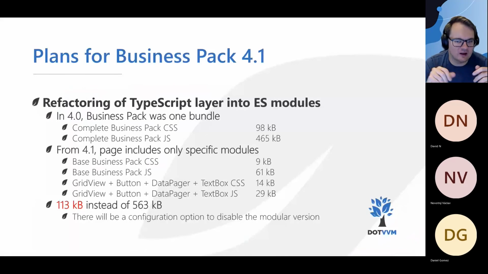So instead of downloading one big chunk of all JavaScript that BusinessPack consists of and all CSS, we could use a modular approach. So we have some base module which contains the infrastructure, and then based on the controls you will use on your page, only CSS and JavaScript for these controls are actually fetched.